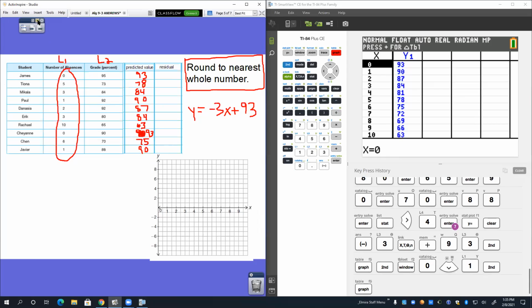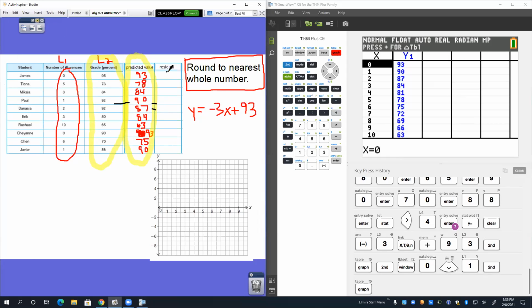To get your residual, we have to do this one minus this one. So you're doing that column minus that column equals that column.